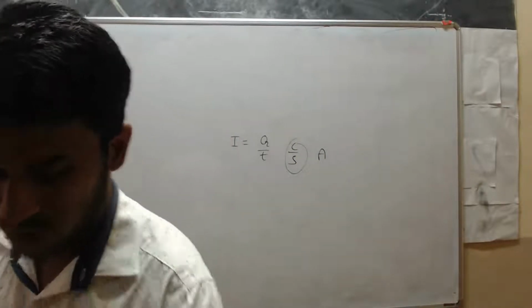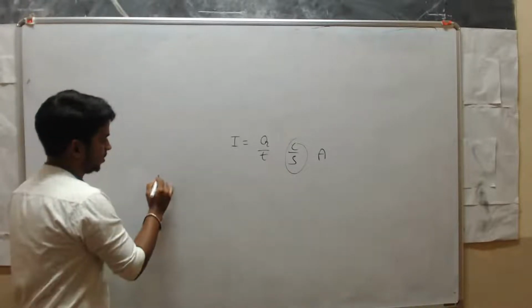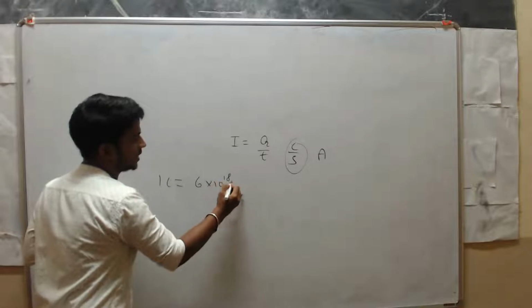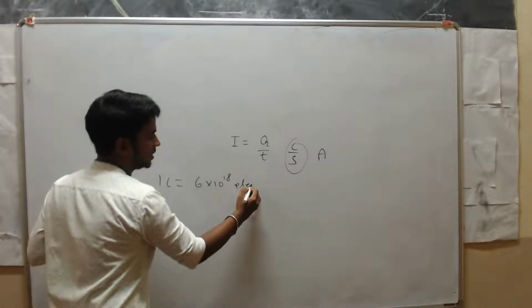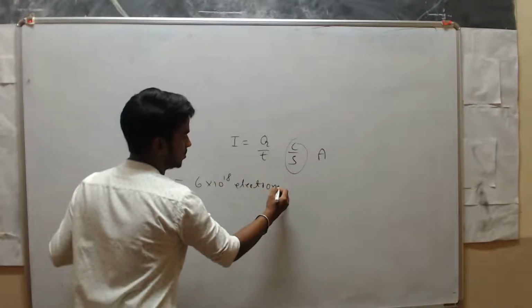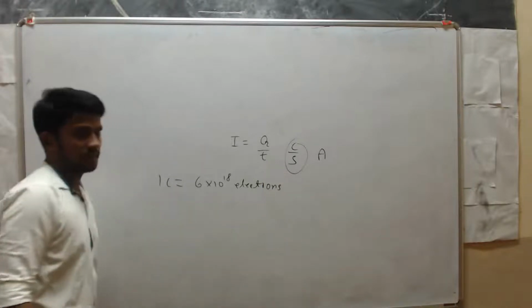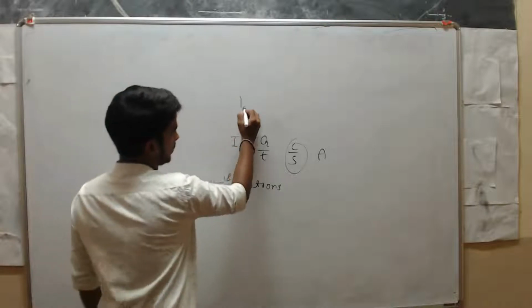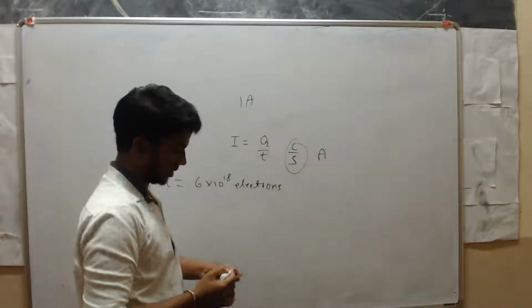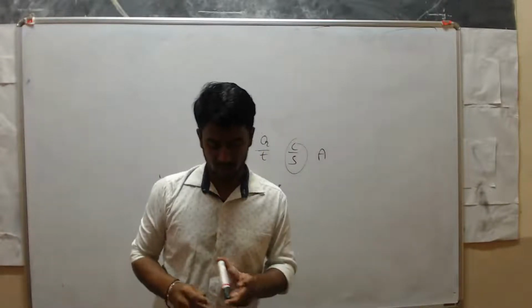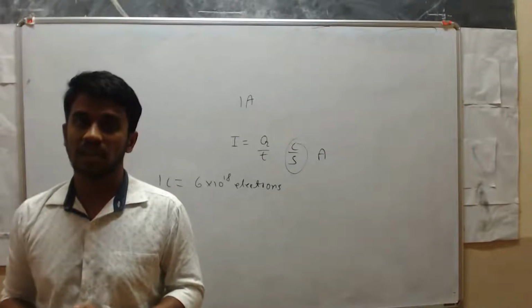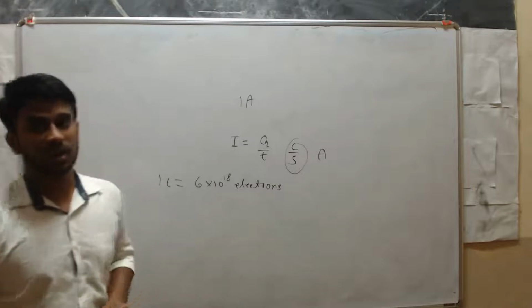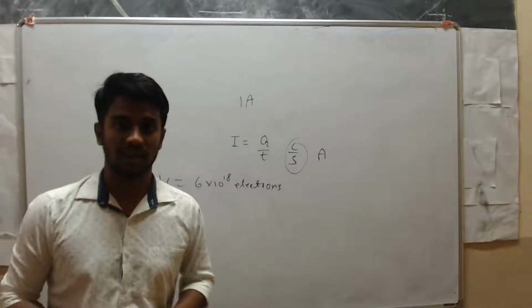1 coulomb is equal to 6 into 10 raised to the power 18 electrons. And already we know what 1 ampere is. 1 ampere means if 1 coulomb of charges passes through a particular area in 1 second, then we can say that 1 ampere current is present in that conductor.